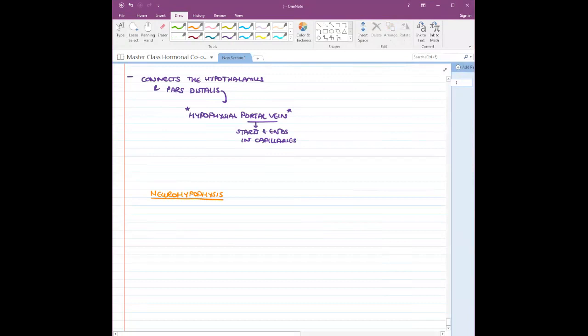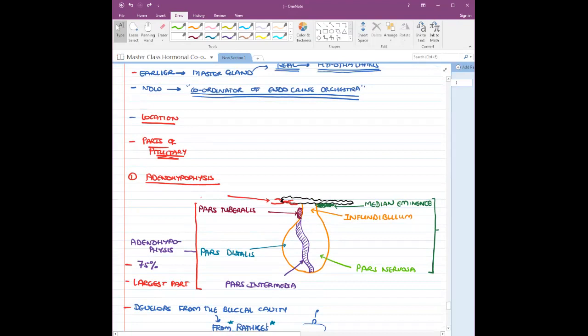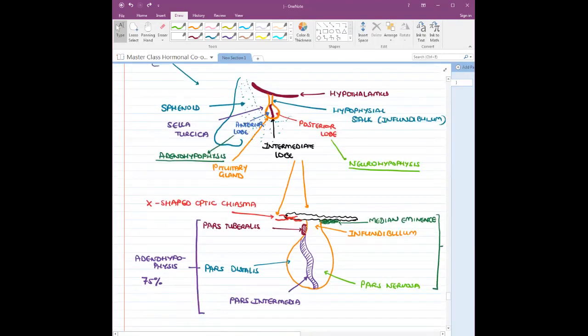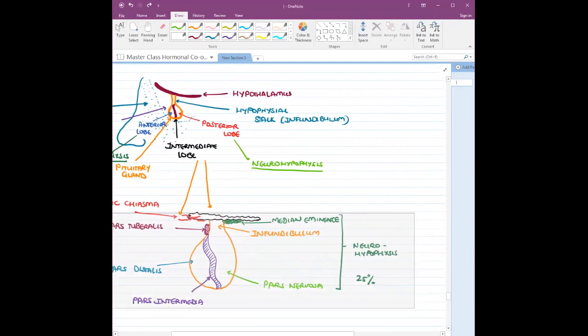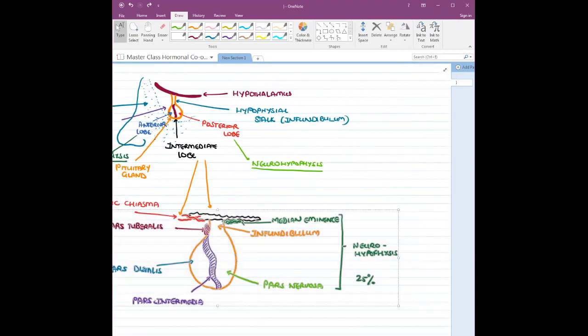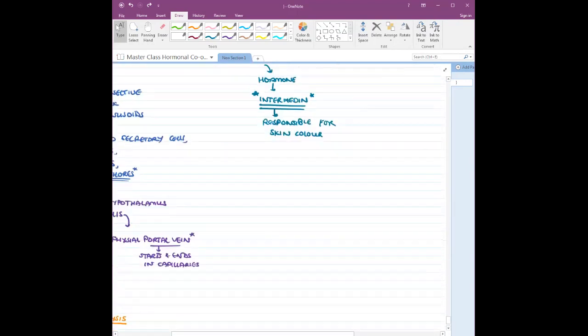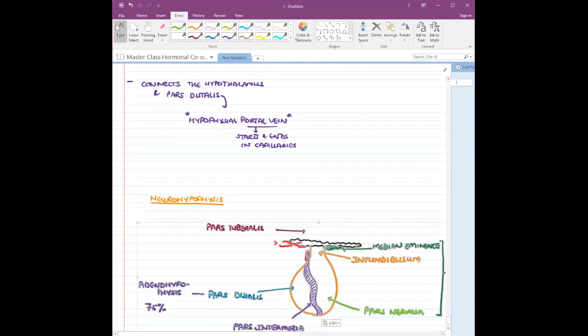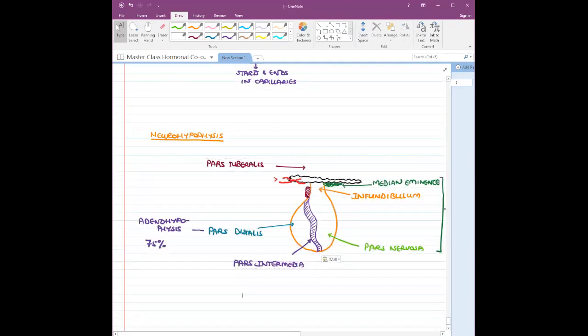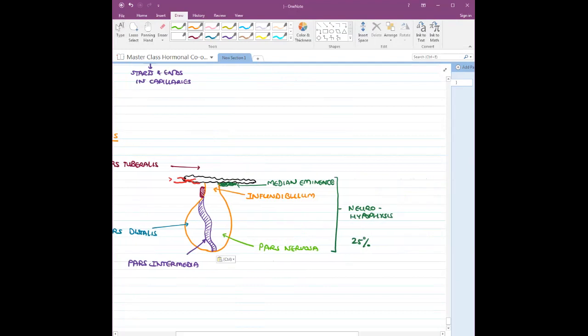Okay, so now guys, once again, I'll paste the same picture over there. We are focusing on the back part here, the neurohypophysis.